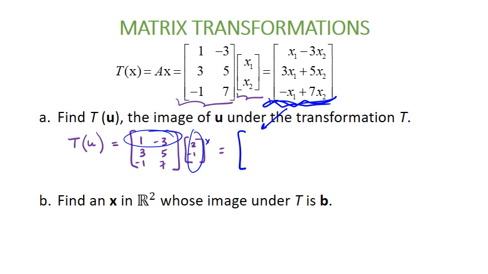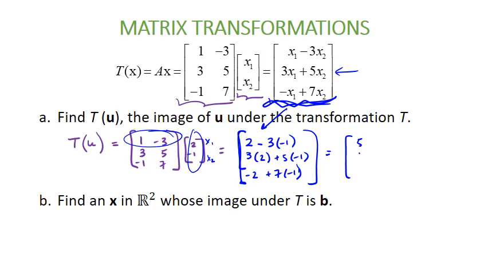Remember this here represents x1 and x2, so we'll have 2 minus 3 times -1, 3 times 2 plus 5 times -1, and then -2 plus 7 times -1. So this is equal to 5, 1, -9. So this is T of u.